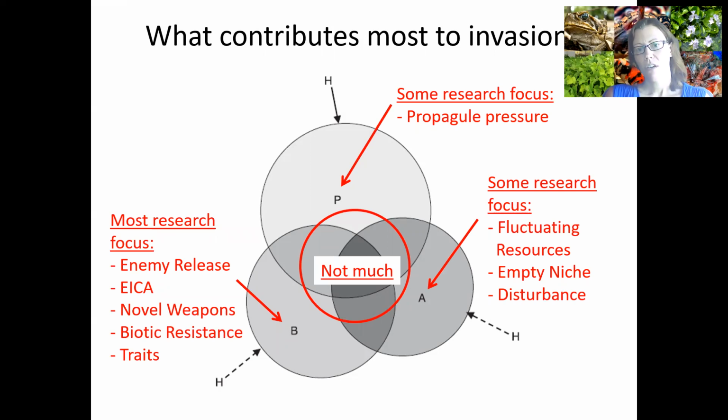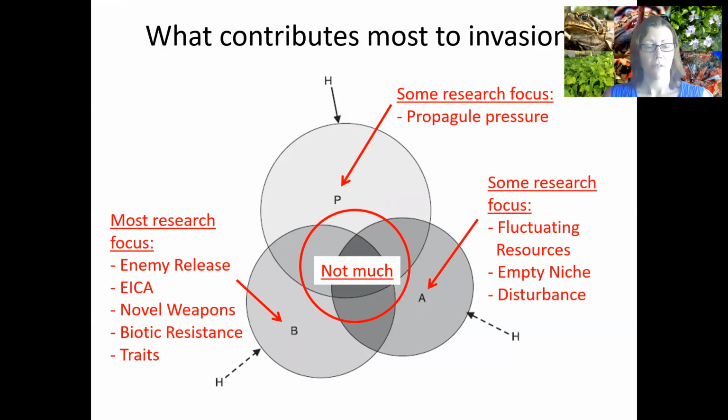And if you look through that list, one of the Catford tables does a really nice job of putting little pluses next to the hypotheses that are testing one or more of these components of the propagule pressure, abiotic and biotic.